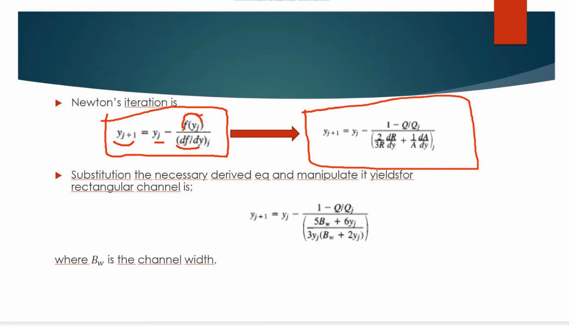After that, we substitute the necessary derived equation and manipulate it. It yields, for rectangular channels, this form: yj plus 1 equals yj minus 1 minus Q over Qj, times 5bw plus 6yj over 3yj times the quantity bw plus 2yj, where bw is the channel width.